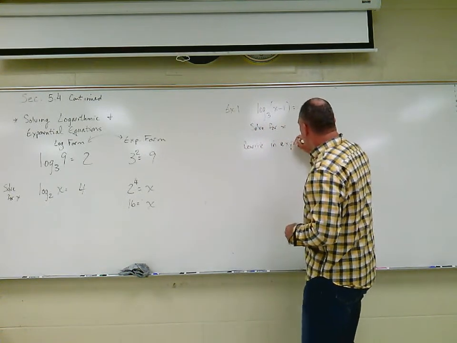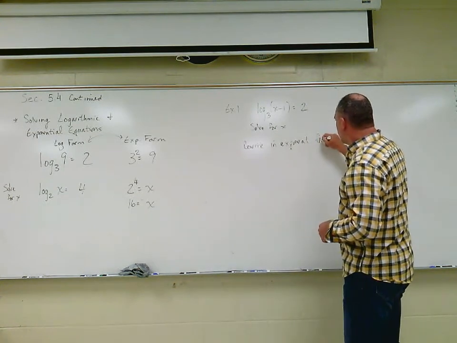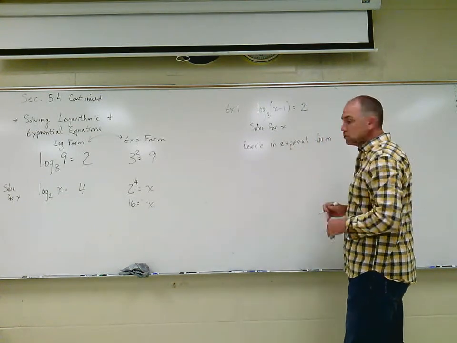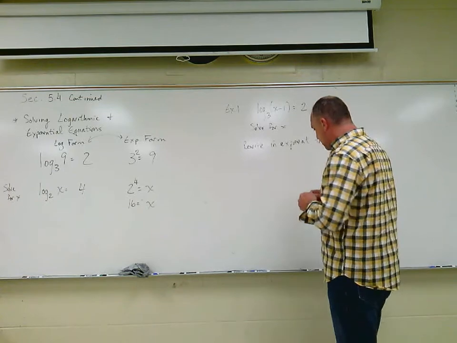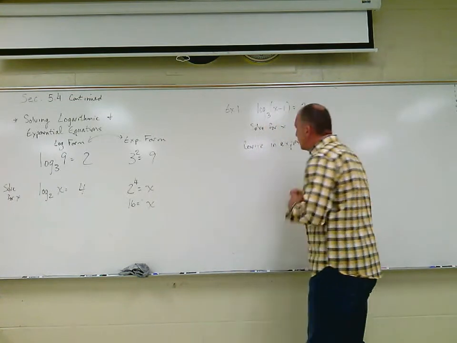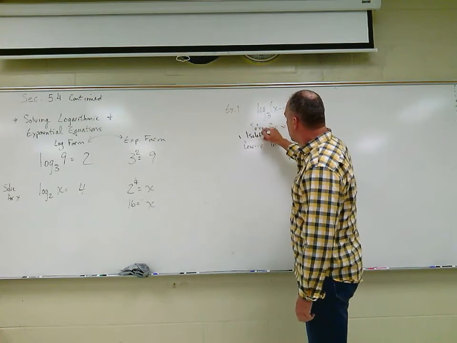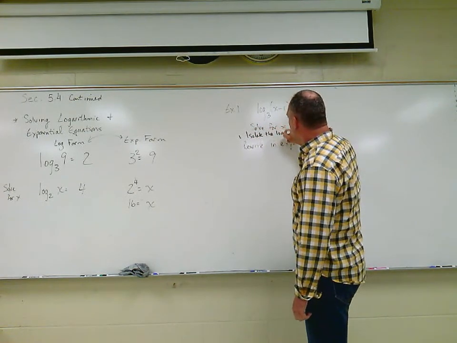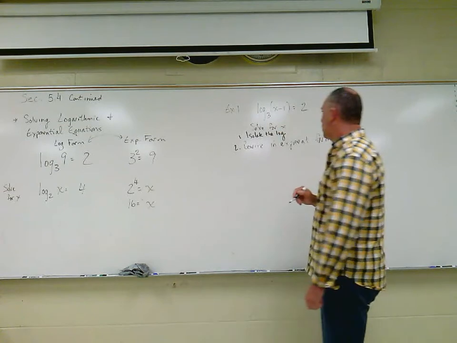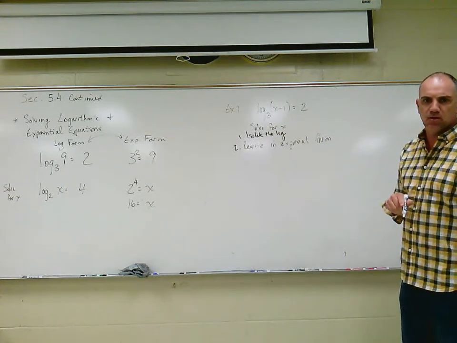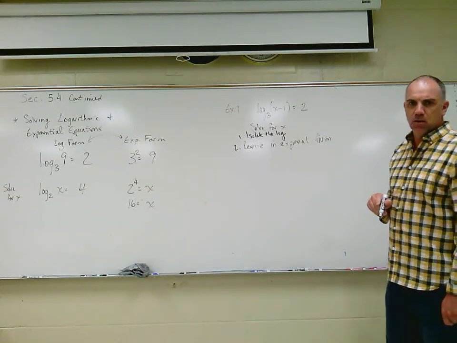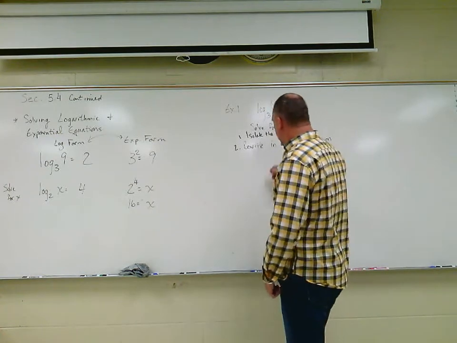I can only do that once the log is by itself. So step 1, isolate the log, and step 2, rewrite in exponent form. So the log is by itself.